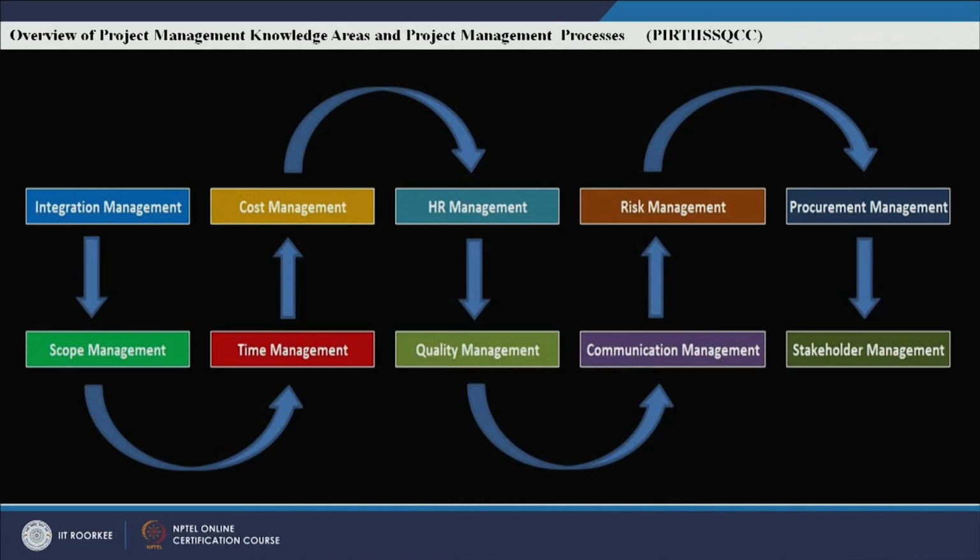Now, these are the 10 knowledge areas which I have been talking about. One should study project management on these 10 areas, and these 10 areas are: you have got project integration management, project cost management, project human resource management, risk management, you have got procurement management, how do you purchase raw materials, semi finished goods and so on, scope management, very important knowledge area, because if you do not define scope properly, then your cost would be very high.